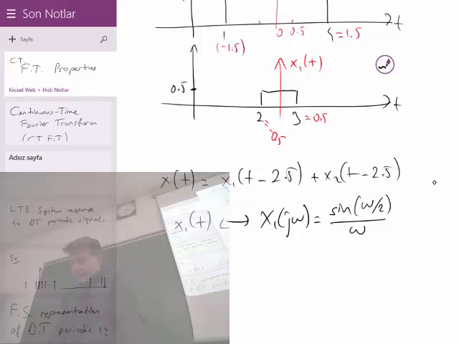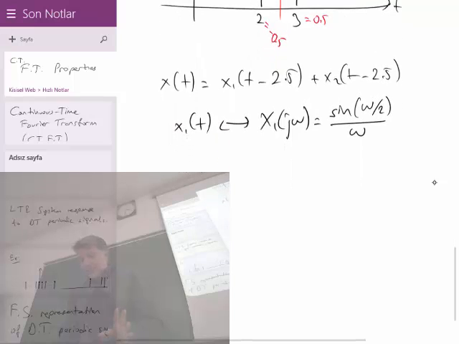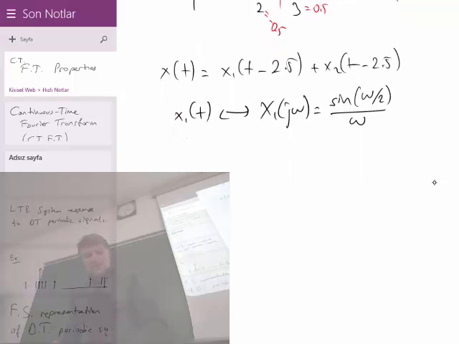This thing is the Fourier transform of this rectangular shape from minus 1 over 2 to plus 1 over 2 and scaled by 1 over 2, because the peak is not 1, it is 1 over 2. So originally it should be 2 times sine omega over 2 over omega, but since the magnitude is not 1 but 1 over 2, that 2 times thing is cancelled and we get sine omega over 2 over omega.